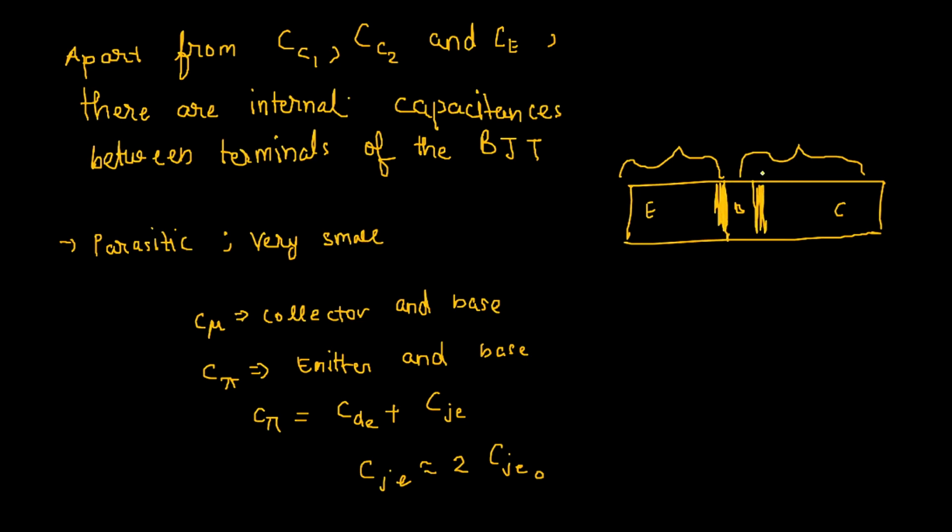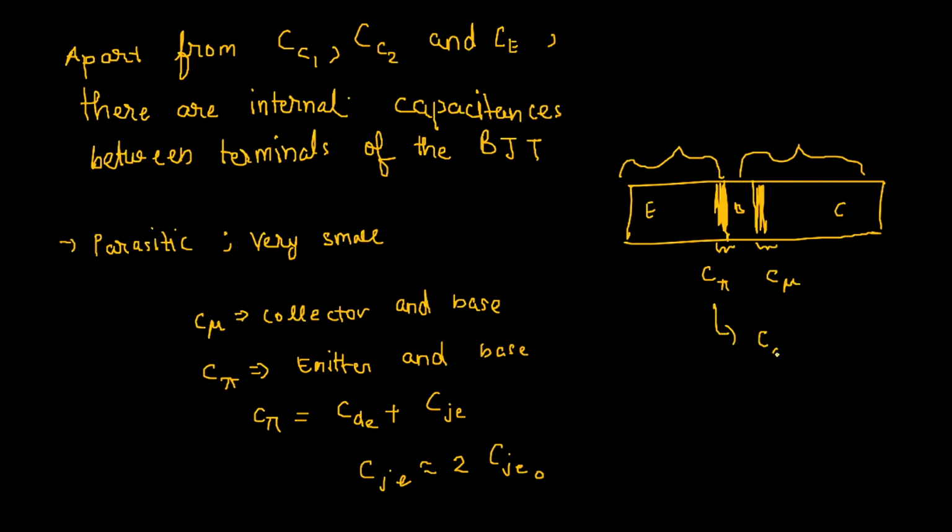Whenever you have a depletion region in a PN junction diode, there is always a certain capacitance formed across the depletion region. Because of that, you have a certain capacitance between your base and emitter terminals, and a certain capacitance between the collector and base terminals. We denote them with certain names. The capacitance between the emitter and base is called C pi, and the capacitance between the collector and base is called C mu.